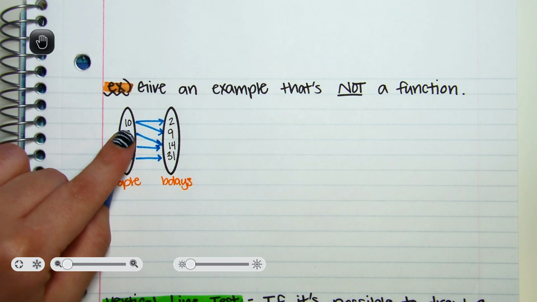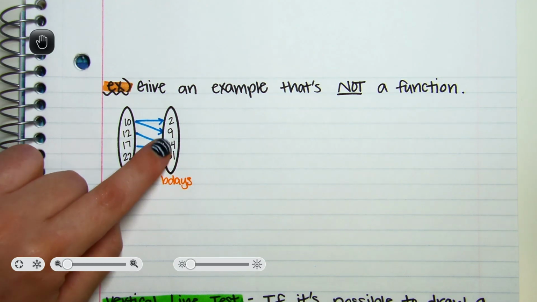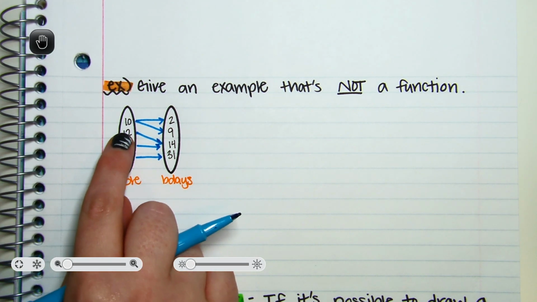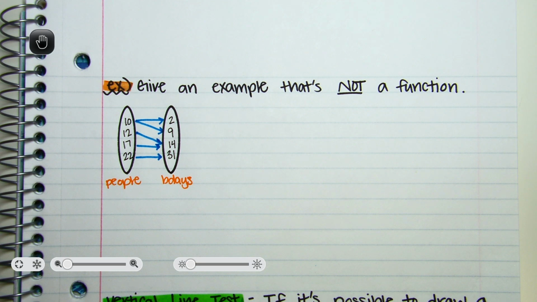However, this person up here, the 10th person in line, gave us 2 answers. Is it possible for someone to be born on 2 different days? Good. You all should have answered no. It is not biologically possible to be born on 2 different days.